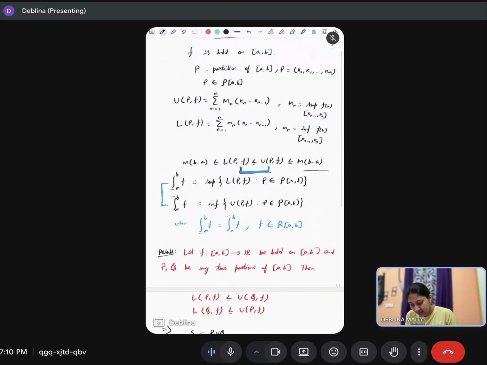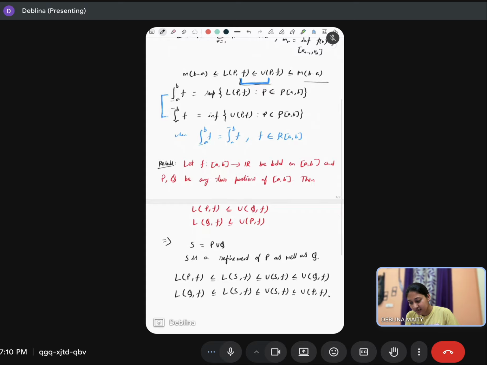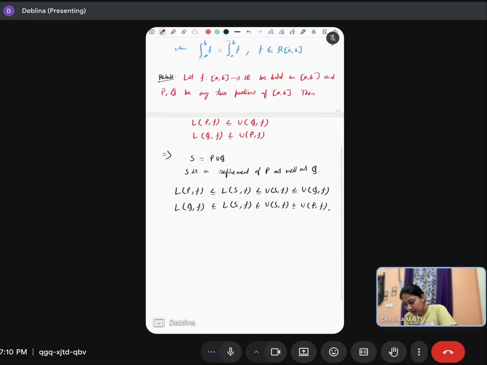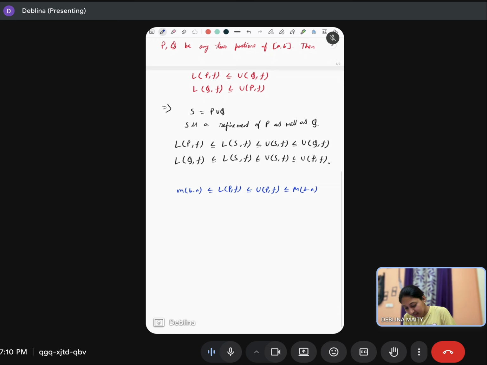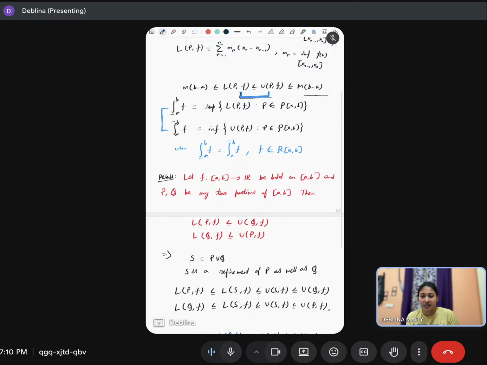Now we had m times (b minus a) less than or equal to the lower sum, and then we defined the upper integral and lower integral of f, and they are both in between these two numbers, because they are the supremum and infimum, so they are also bounded by these two numbers.